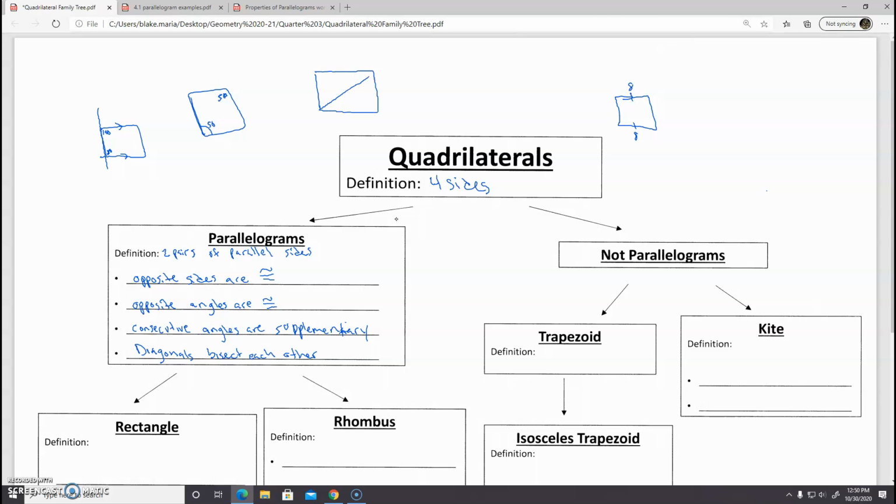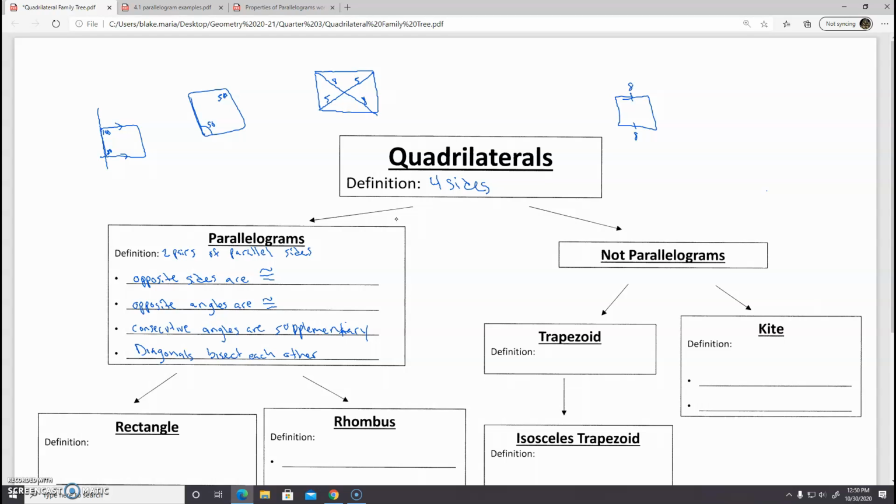A diagonal goes corner to corner. So what it's telling you is that this diagonal is bisected. It's created 2 equal pieces. So if this is 8, you know this is 8. If this is 5, you know this one's 5. You know the diagonals are bisected. They're cut into 2 equal pieces.